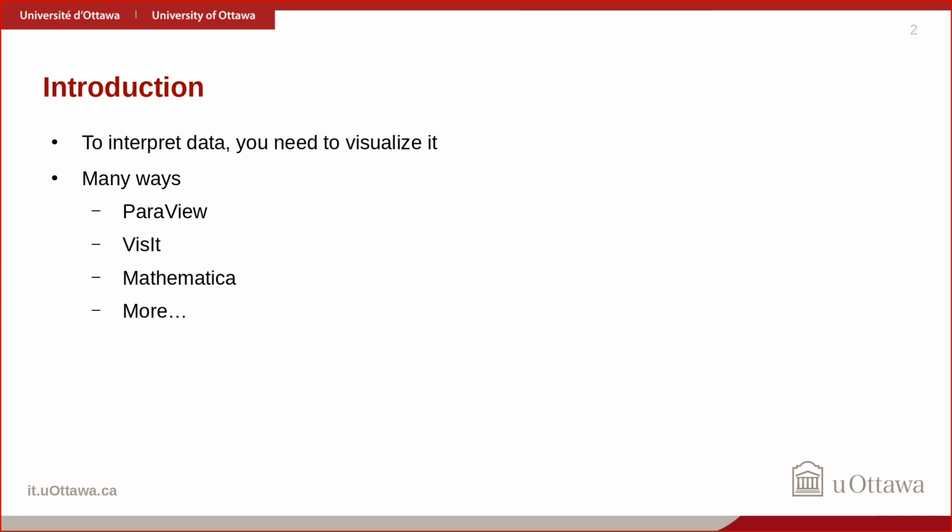So for visualization, there are many different tools. You can use different programs like Paraview, Visit, Mathematica also has excellent plotting. Python has a whole bunch of plotting libraries as well, like matplotlib. R has ggplot. There's so many ways to plot data, so we have to pick one.